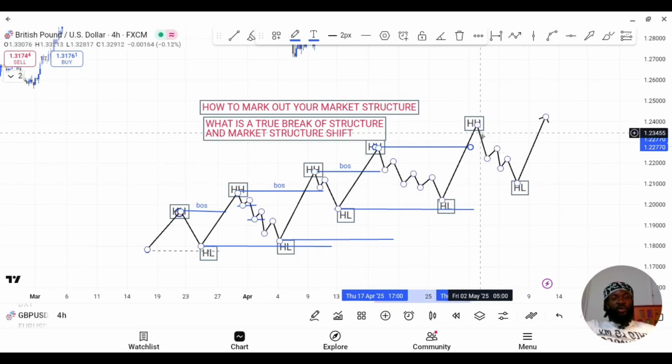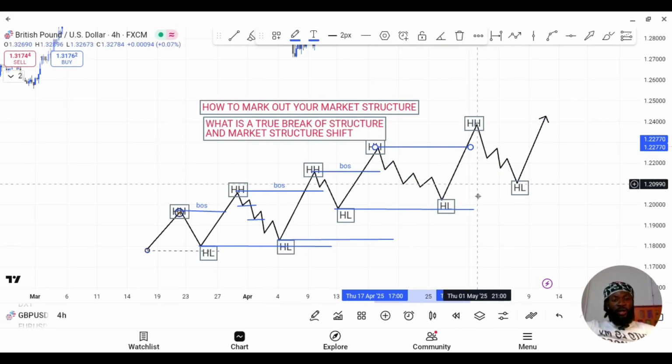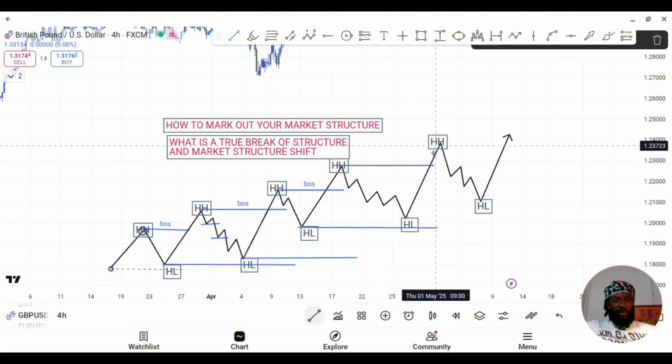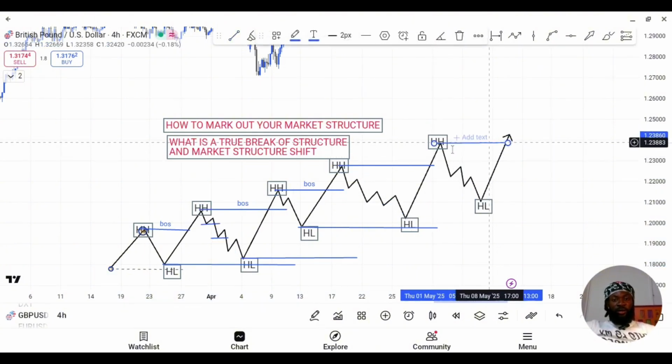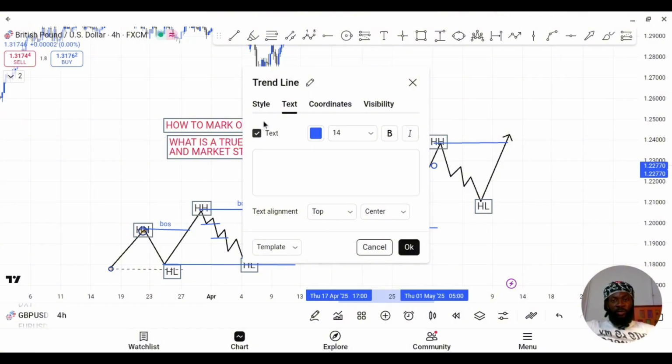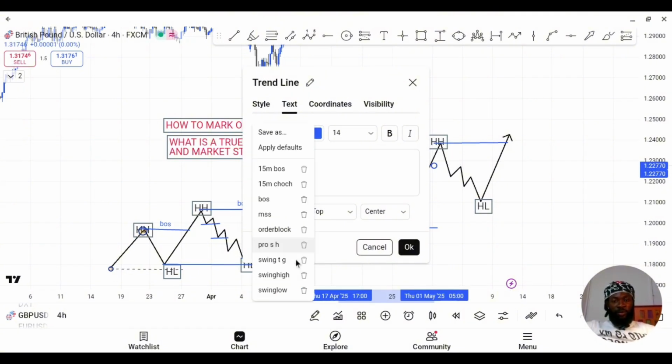Okay. We also have our new higher high here. Just pay attention, please. We also have our new higher high here. So our break of structure. Let me just mark the break of structure there.